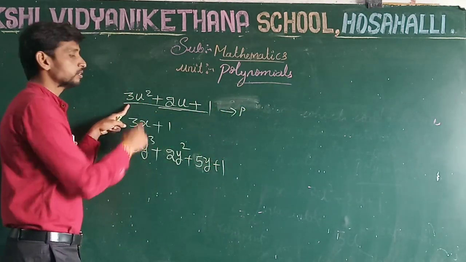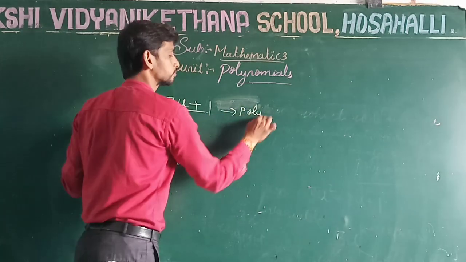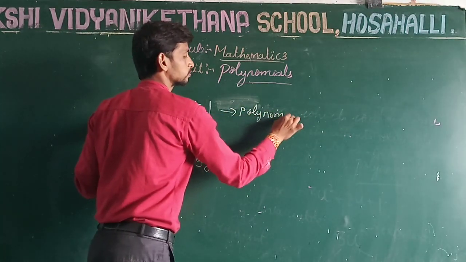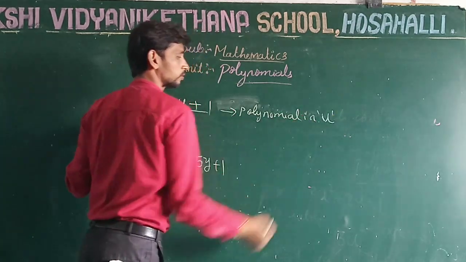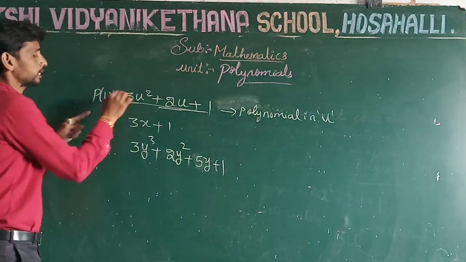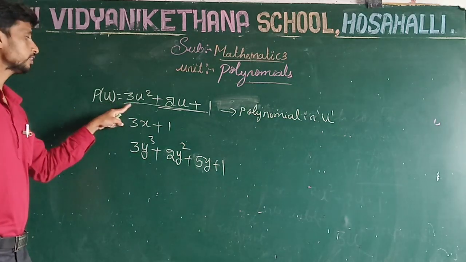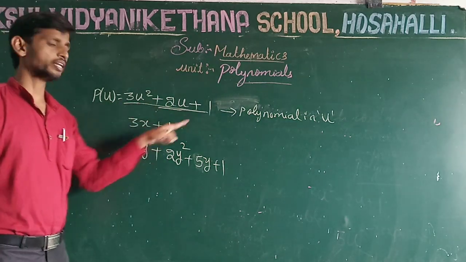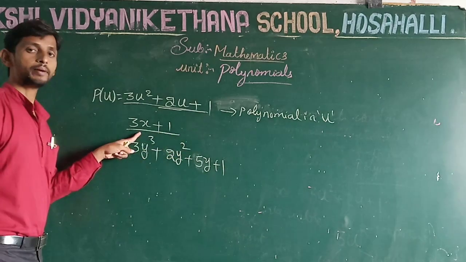It is a polynomial in u, that is p of u. 3u square plus 2u plus 1. Like that, this is a polynomial in the variable x, f of x.